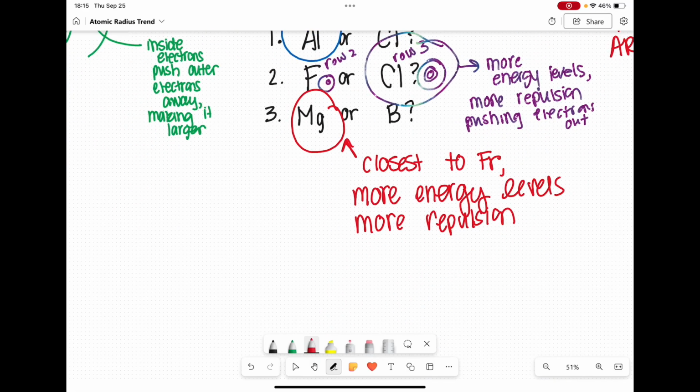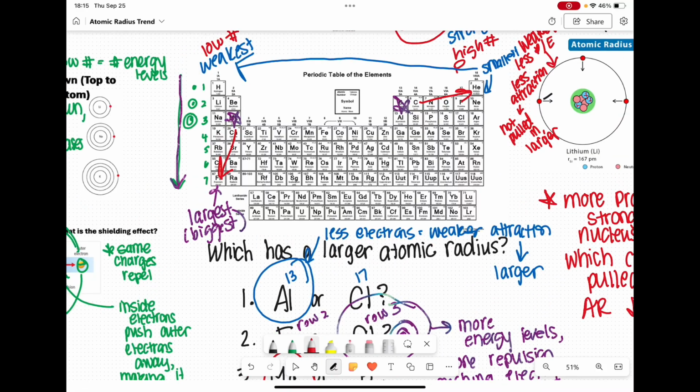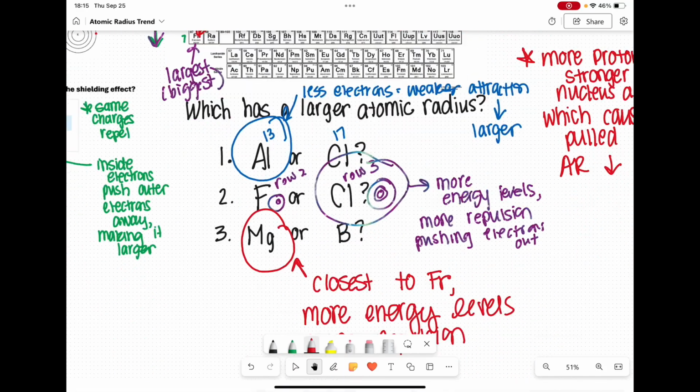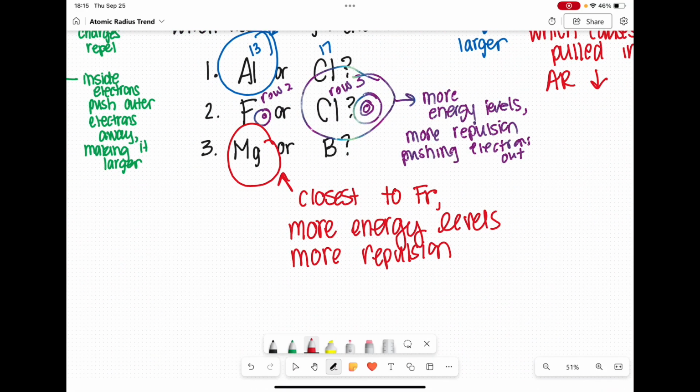Boron is more towards the right. It has more valence electrons being added, which will cause it to move in or be pulled in closer.